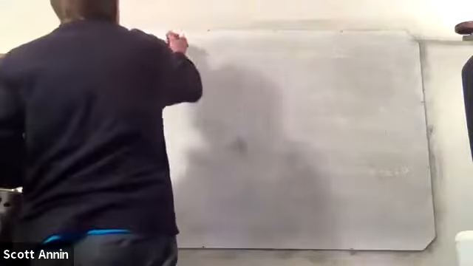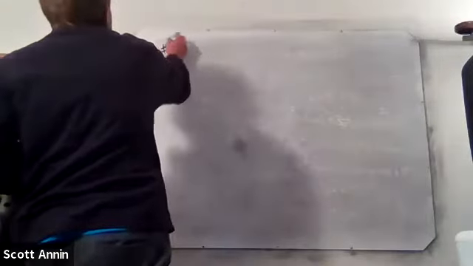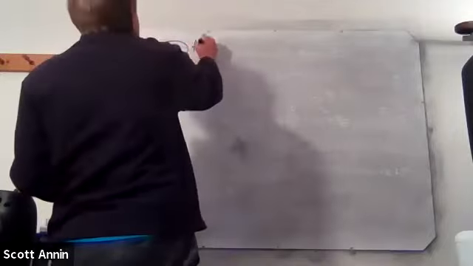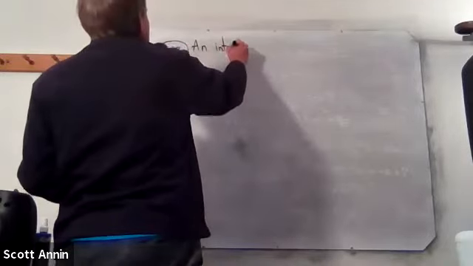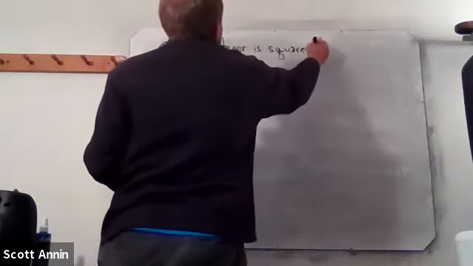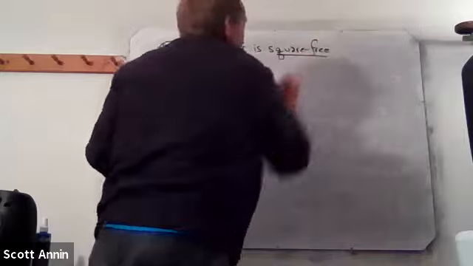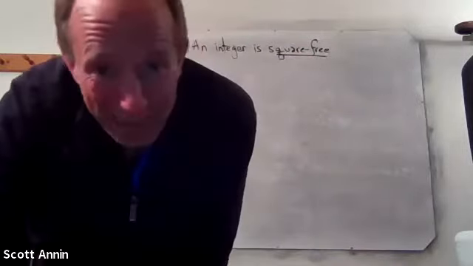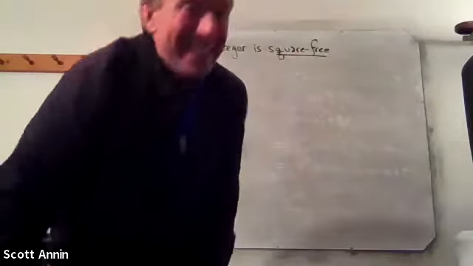Okay, let's do number 12, I guess it is. And here is what it's going to say. An integer is square free. So I'm actually going to make up a definition in the middle of this problem, okay?